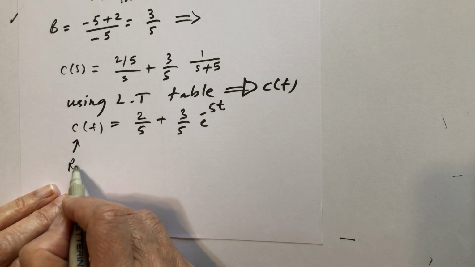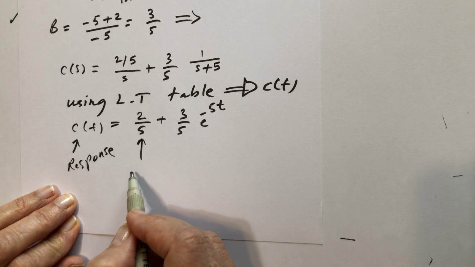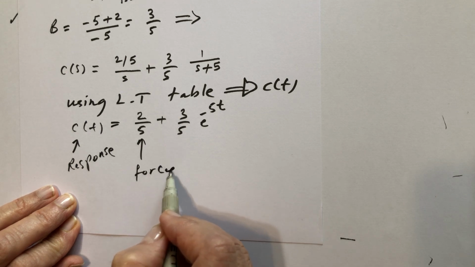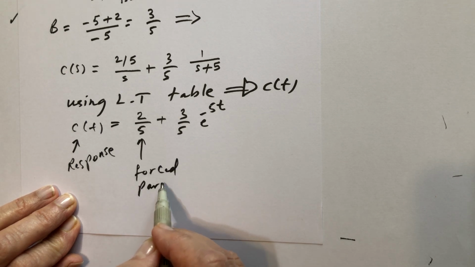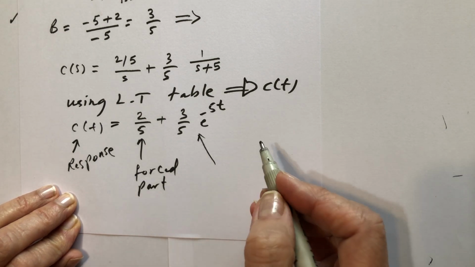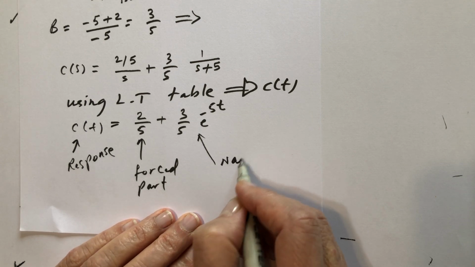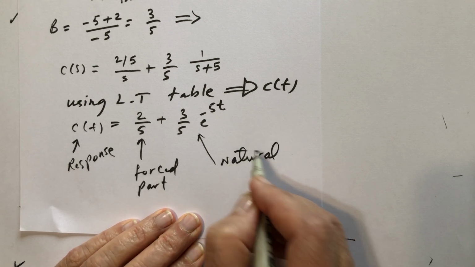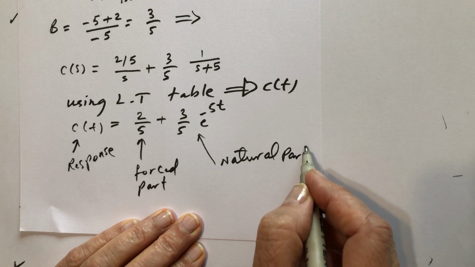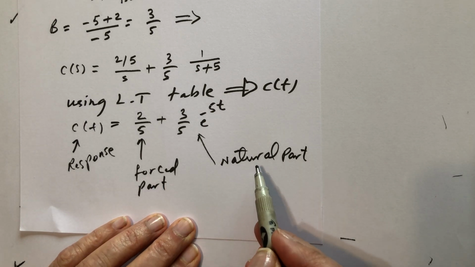This one I call the forced part. This one I call the natural part or response. So this is the forced response, this is the natural response.